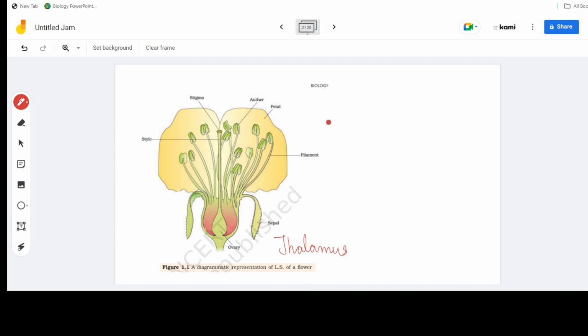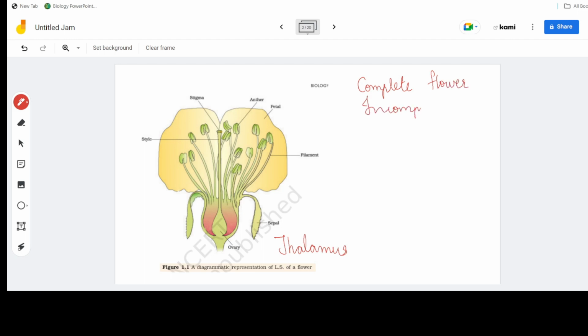Now, if a flower has all the 4 whorls, we call it a complete flower, and if it doesn't have all the floral whorls, we call it an incomplete flower. So the one with all 4 whorls is a complete flower, and the one which misses any of the whorls is an incomplete flower.